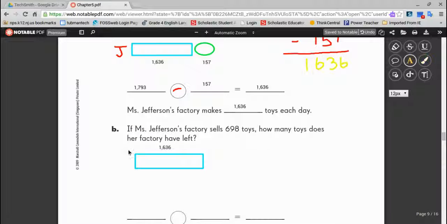Now she sells 698 toys. So what I need to do with my bar model is I need to split it. Because here is how many toys she sells. I'm going to put an S for sells. And here is how many toys she has left, or an L for left. So we know right now she sells 698 toys.